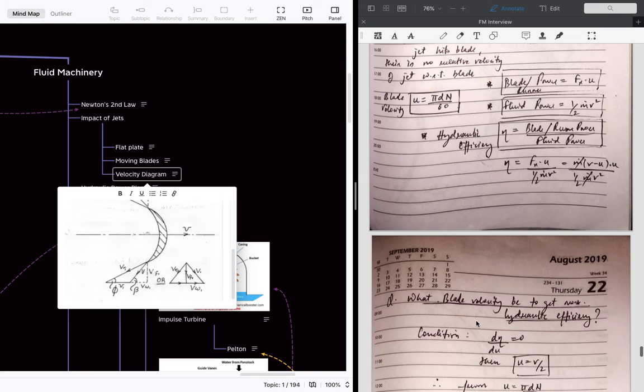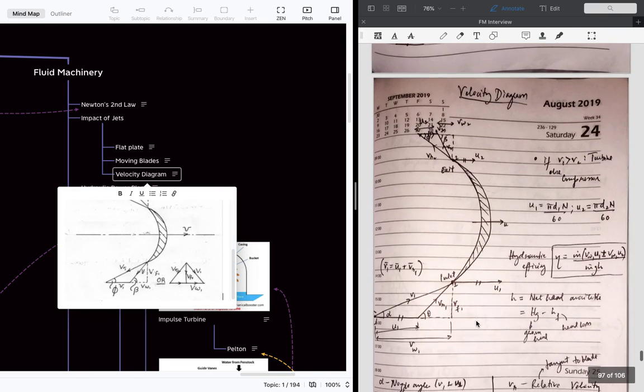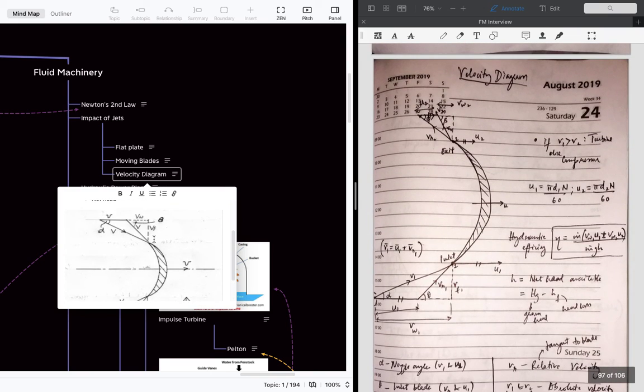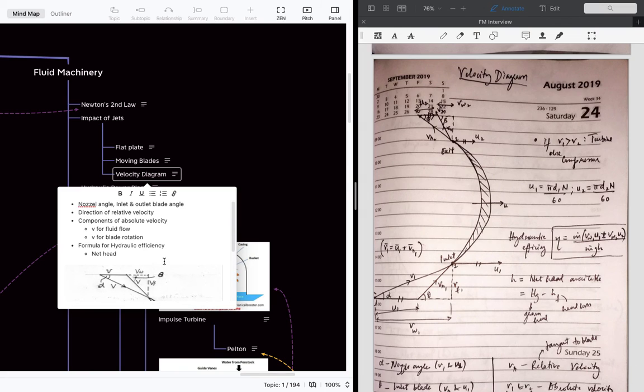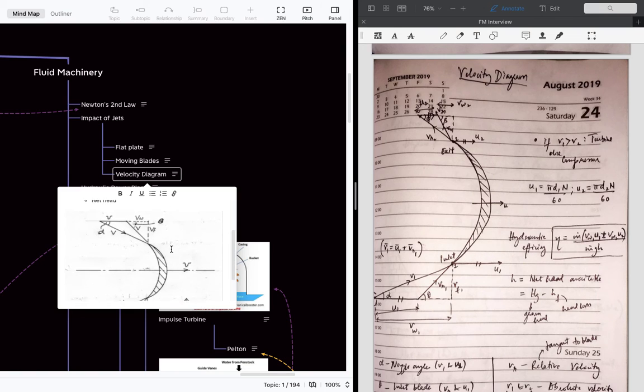Now about the velocity diagram, this similar diagram is explained here. What we have to discuss is the nozzle angle, inlet and outlet blade angles, direction of relative velocities, components of absolute velocity, fluid flow velocity, blade rotation velocity, formula for hydraulic efficiency, and net head. We'll see that.